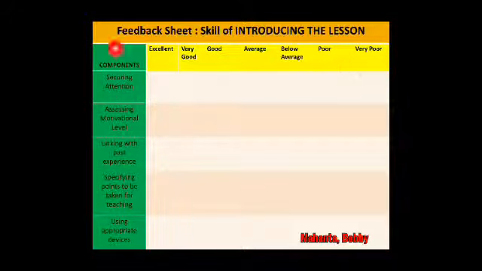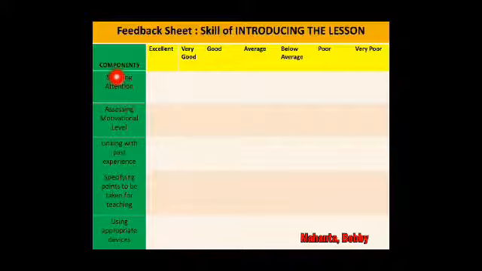On this side you mention the components and ask the observer, or the students who are observing, to put a tick mark wherever it is applicable.